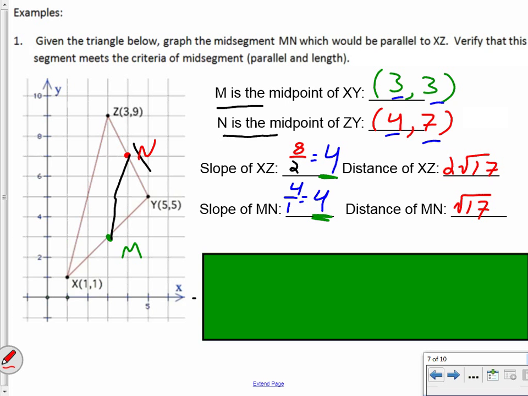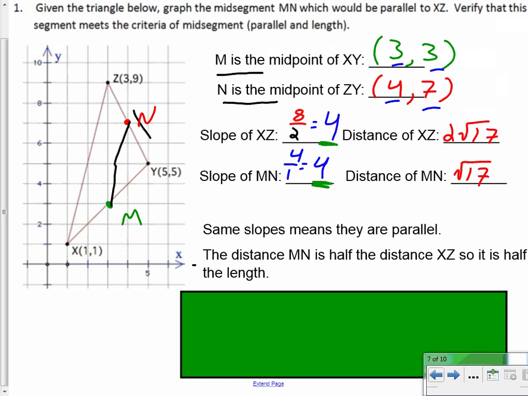And again, if you want to plug in the decimal forms of this, that's okay. But because we figured out one of them is 2 square roots of 17 and one is only 1 square root of 17, the same slopes, again, 4 and 4, mean they're parallel. We've proved that they're parallel. The distance MN is half the distance of XZ, so it's half the length.